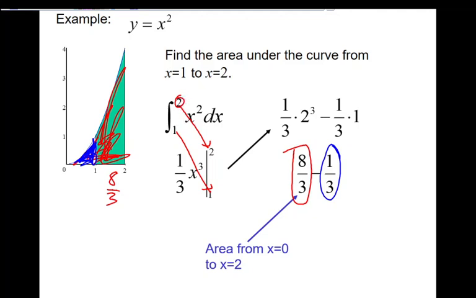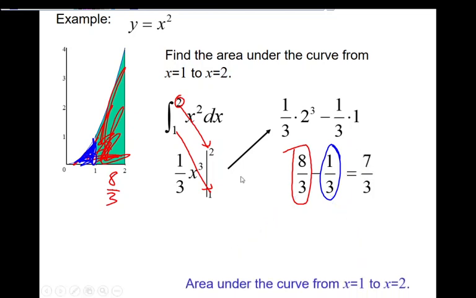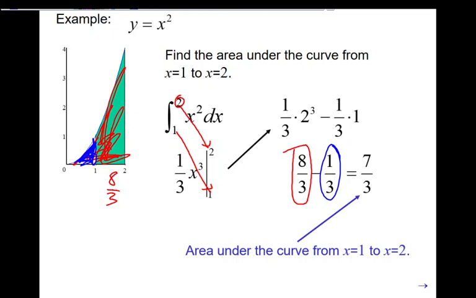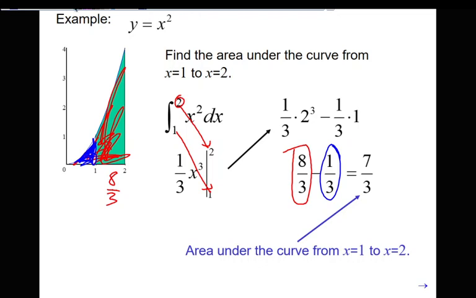And that's what we were just talking about. Okay, so we have to subtract out the area that we don't want. And that will give us our actual area. So the area under the curve from 1 to 2 is 7/3. Like I said, this is the area from 0 to 2.